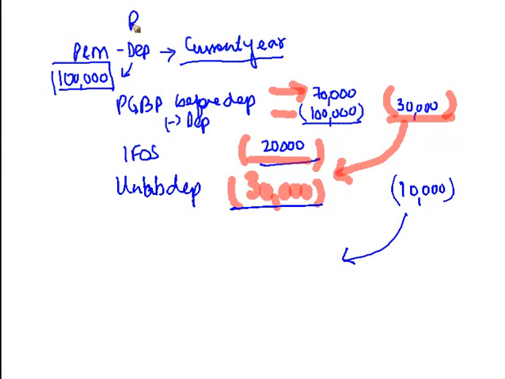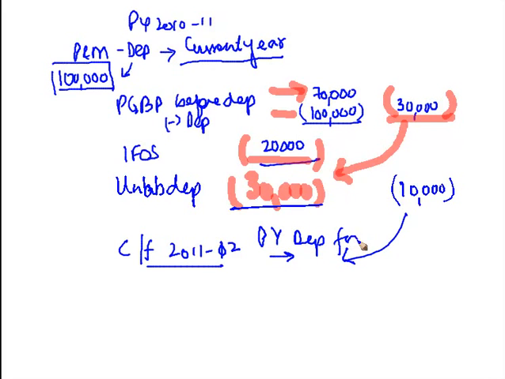Let's say this was previous year 2010-11. I will carry this forward to 2011-12. And this depreciation, which has been carried forward, will become previous year depreciation for 2011-12. Why? Because in 2011-12 you will again have depreciation, right?